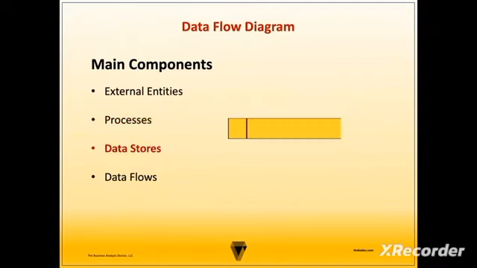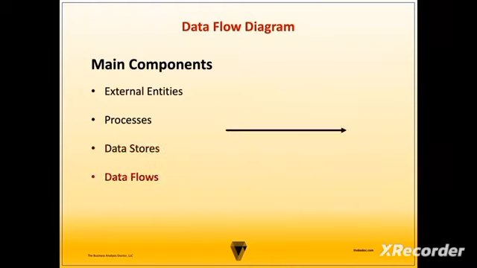Data stores model a repository for a collection of data at rest. Each data store must have input and output data flows. Data store labels must be a noun phrase, such as order details. The Gane and Sarson notation also includes a unique identifier for the data store to distinguish the various data stores from one another, since there can be multiple within the same diagram.